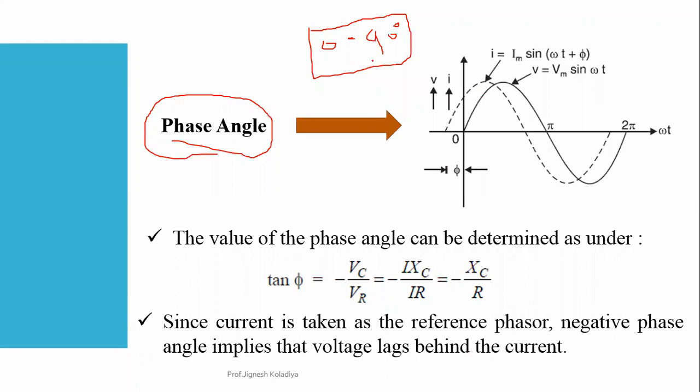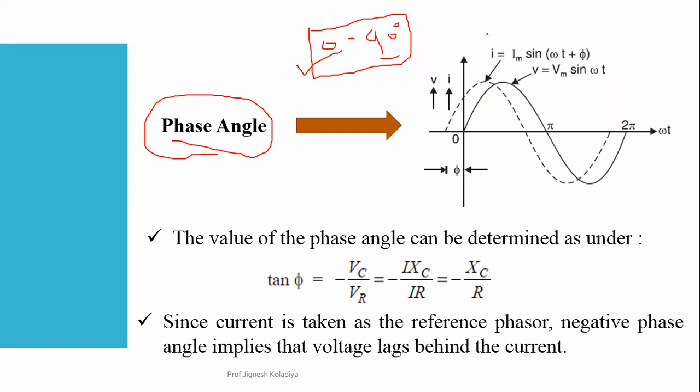If your capacitive part is more, you will get the angle phi near to 90. And if the resistive part is more, your circuit is highly resistive, you will get phi near to 0.